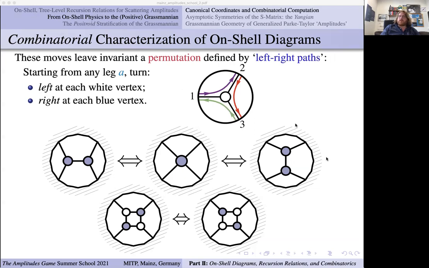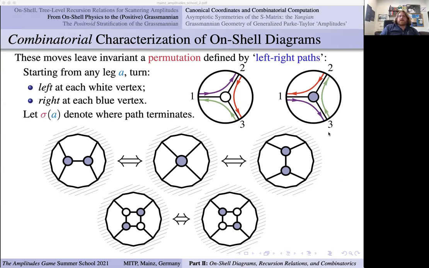And then you turn right at every blue vertex. So 1 goes to 3, 2 goes to 1, and 3 goes to 2. Now, it's very easy to see that these moves, these equivalences between on-shell diagrams, leave the permutation invariant. What's a lot less obvious, but is provable, is that provided the two graphs have the same number of faces, if they have the same permutation label, they are related by moves. And that means that these permutations uniquely characterize that on-shell function and uniquely label that equivalence class.